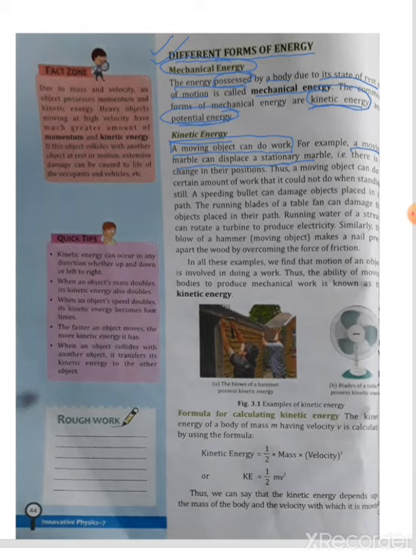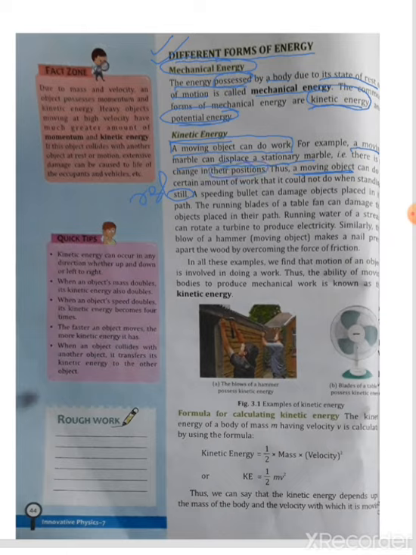Thus a moving object can do a certain amount of work that it could not do when it is still. When it is at rest, it cannot do some work. But when this marble was moving, it had the ability to do some work, that is, to move from one place to another.